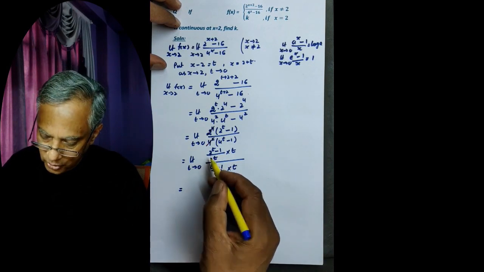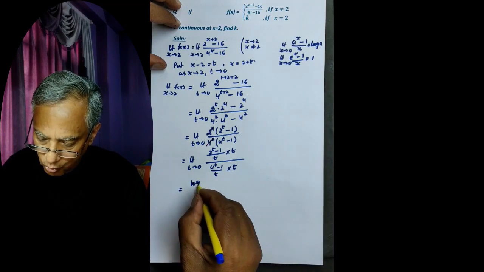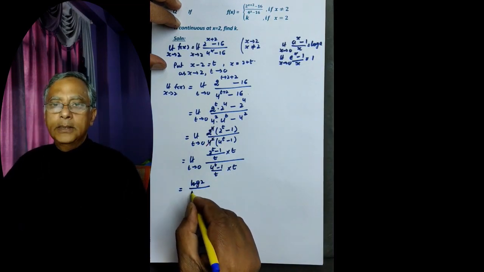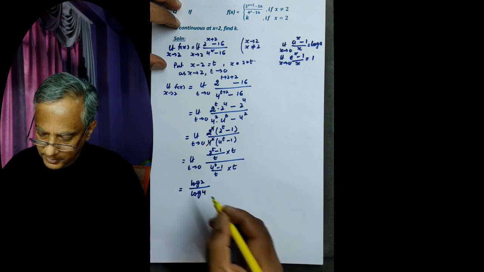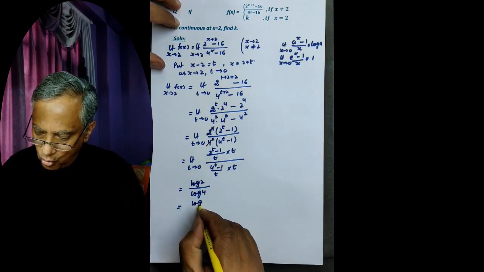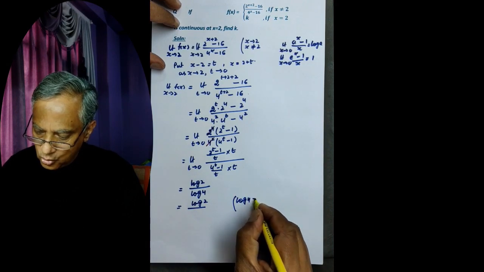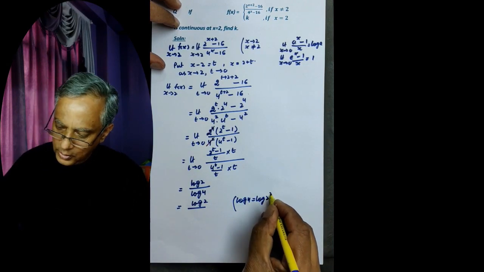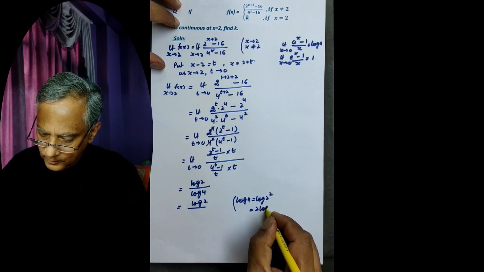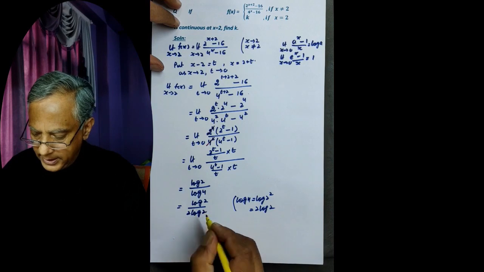So this is log 2 over log 4. So this will be log 2 into log 4, which is log 2 square. This is 2 log 2. These two cancel and we get the answer as 1 by 2.